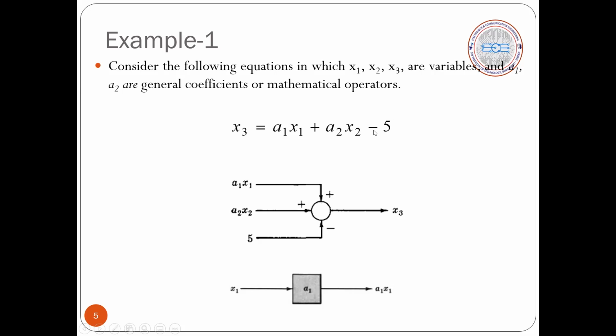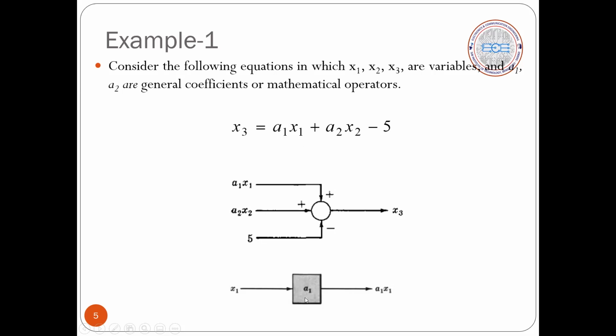And finally, the third term has a minus sign here. So the third input, the constant 5, enters the summer with a minus sign. So we have output x3, which says that it is a1 x1 plus a2 x2 minus 5. That is the pictorial representation of the mathematical equation that we have done.